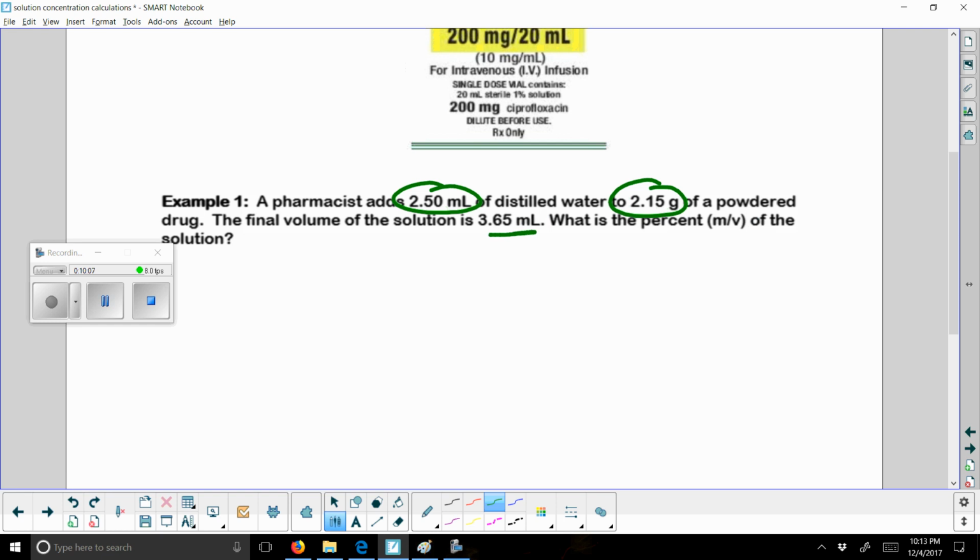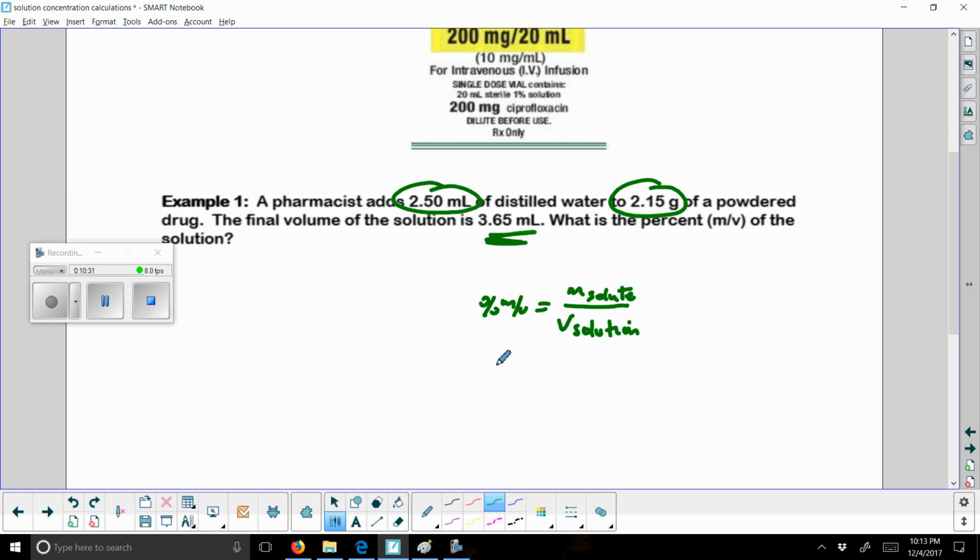The overall volume is going to be 3.65, and I want to know the percent mass volume of the solution. So what we're looking for, the percent mass volume, it's equal to the number of grams of solute, so the mass of the solute over the volume of the whole solution.